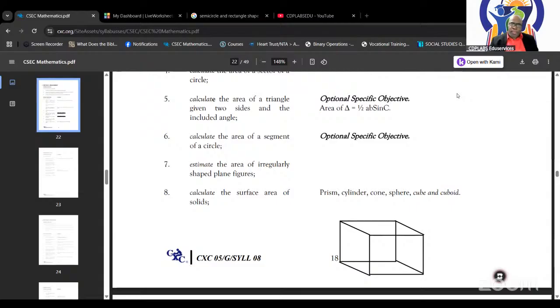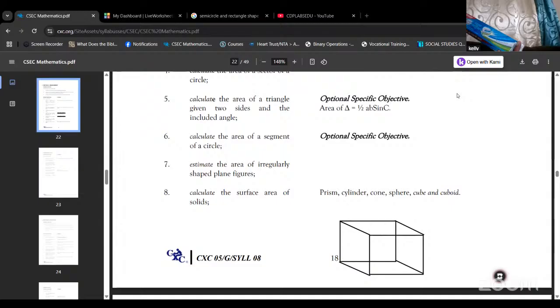Let me help you, because it's always been taught that way, and that's a problem. What's the shape of the faces of the cuboid? Rectangle. Good.